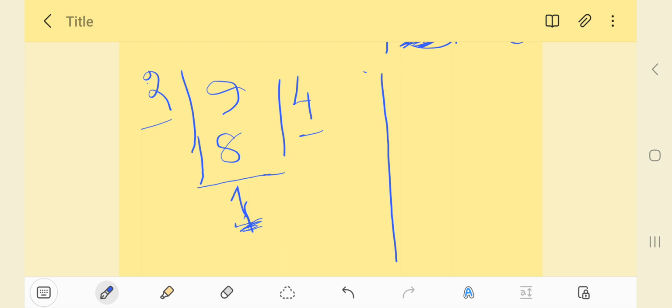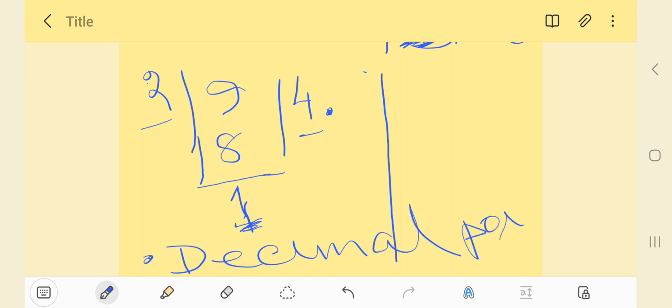How can we borrow? We need to put a decimal point here. This is called a decimal point.